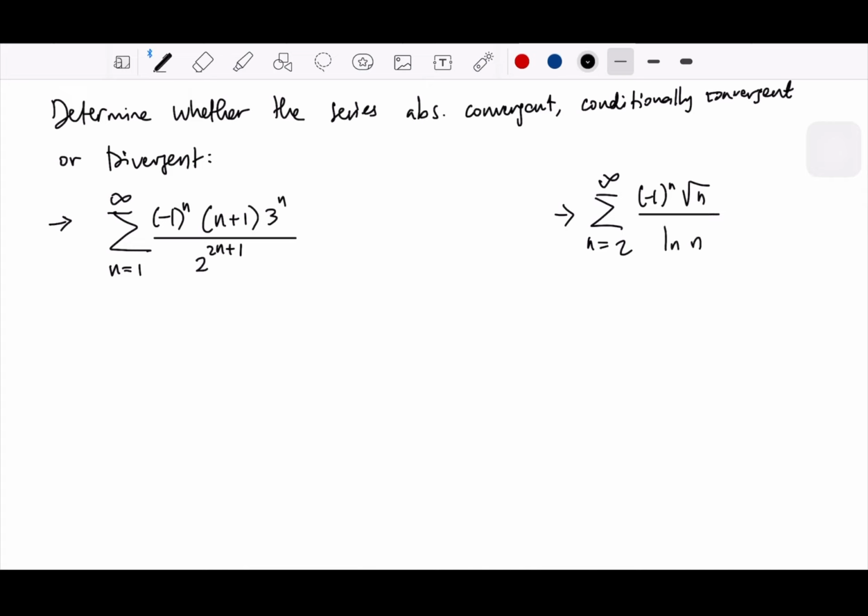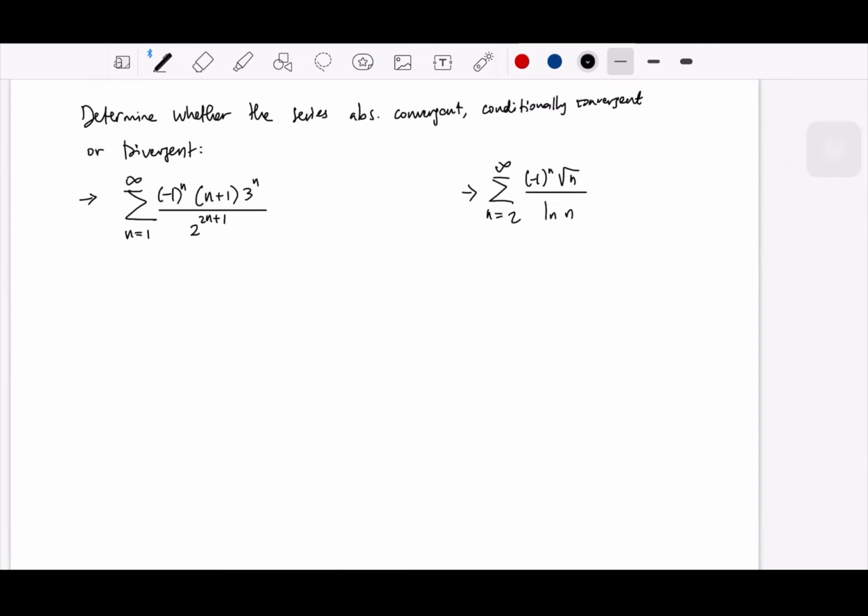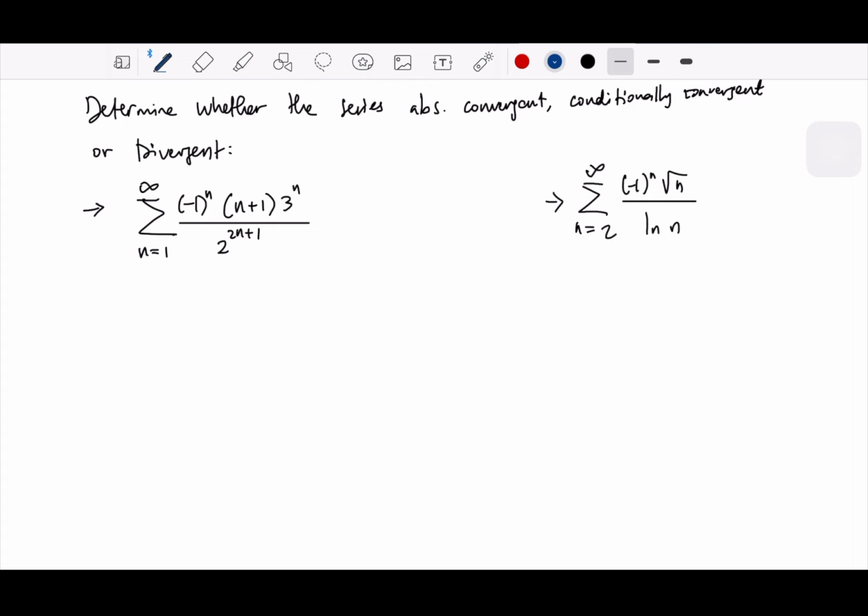Now pause the video and try to solve these two questions. These are two examples from the exercises in your textbook. Okay, let's work on these two series.